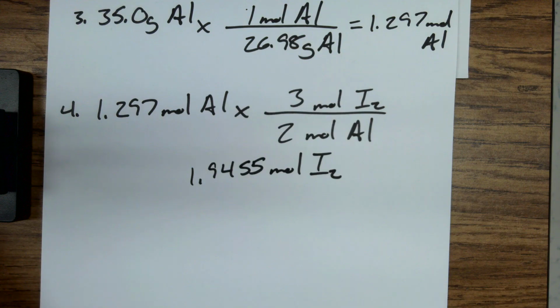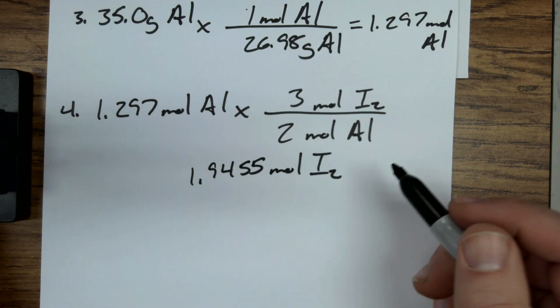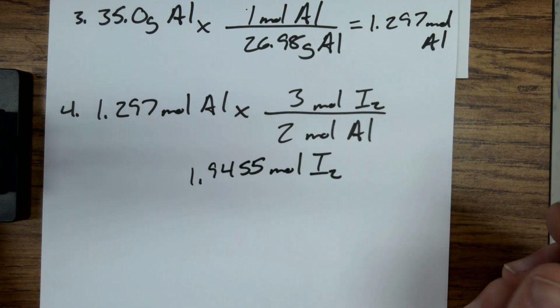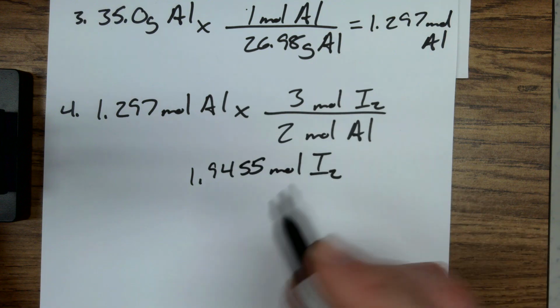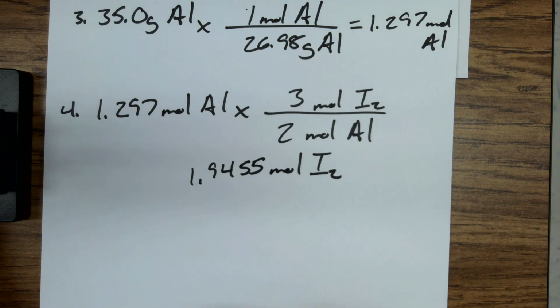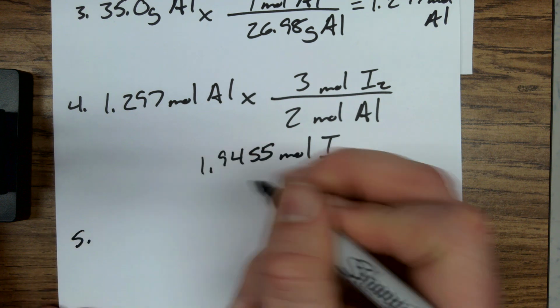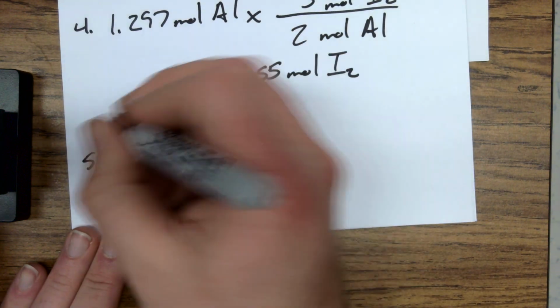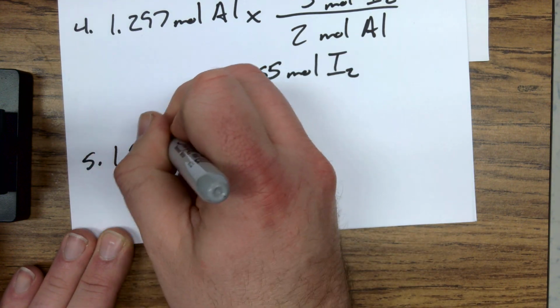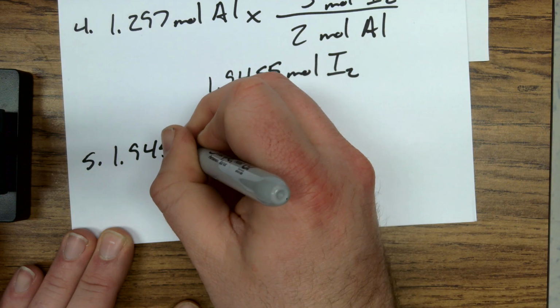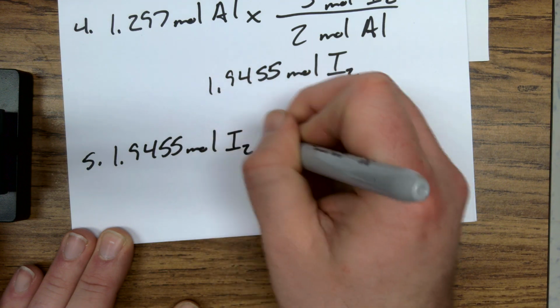I'm not done, am I? I got to convert my moles of iodine into grams of iodine. Step 5. 1.9455 moles iodine.